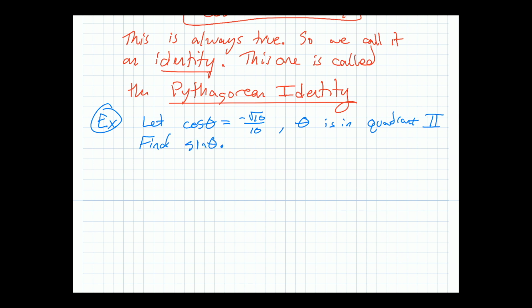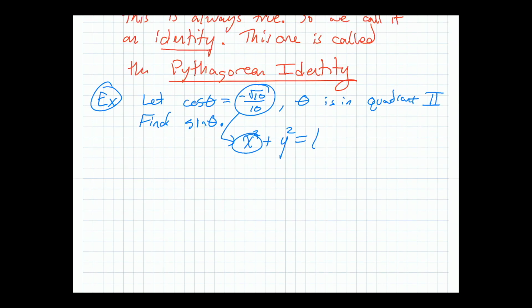I would have started, when I solved this problem, with x squared plus y squared equals 1, right? I would have taken this cosine and ended up putting it in there for x, because the cosine is the x value, right? And that works. But you could use this Pythagorean identity instead.